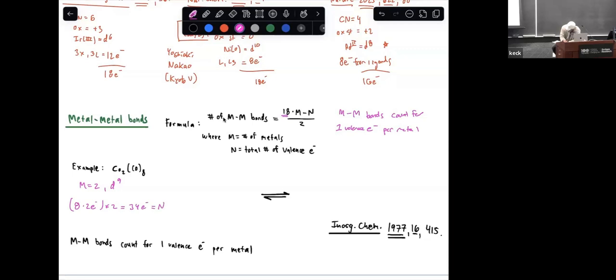Here M equals 2, and then we can plug into our formula: 18 times 2 metals, minus 34 valence electrons, divided by 2 electrons per metal-metal bond, gives us 1 metal-metal bond.